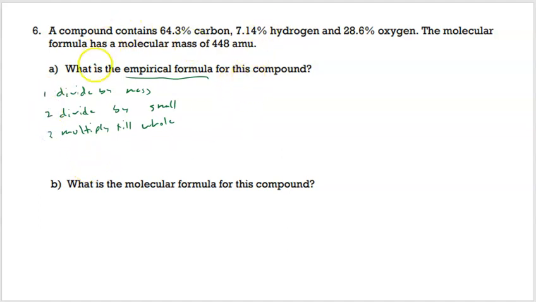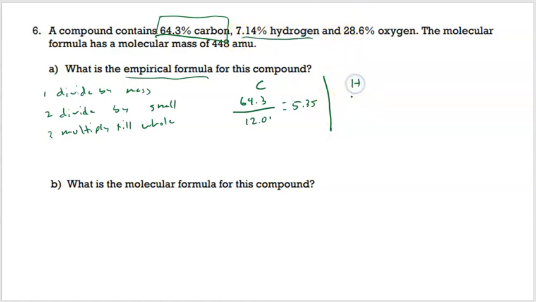First of all, we're going to divide each percent by the mass. We have 64.3% carbon, so for carbon we go 64.3 over the mass of carbon, which is 12.01, and that gives me 5.35. We have 7.14% hydrogen, so for hydrogen it's 7.14 over 1.01, and that gives me 7.07.